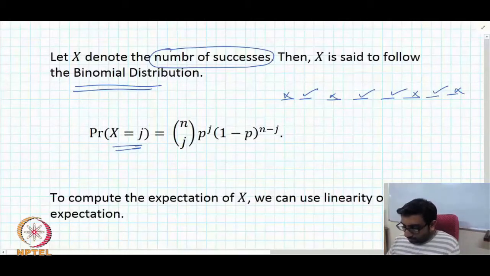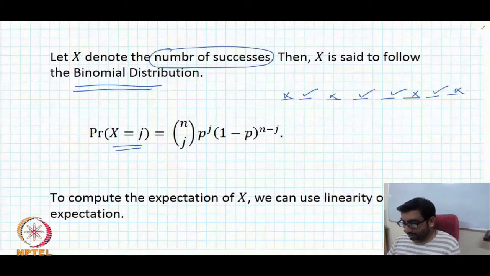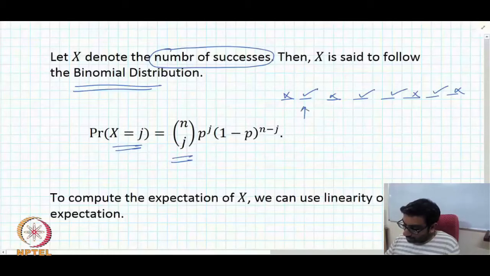But there's nothing to say that these are the particular J trials that should be a success. Out of these n trials, some J trials have been successes. And how many ways can you actually choose J locations within the n trials? That's n choose J. And now that you've specified the success locations, we have to work out the probability.